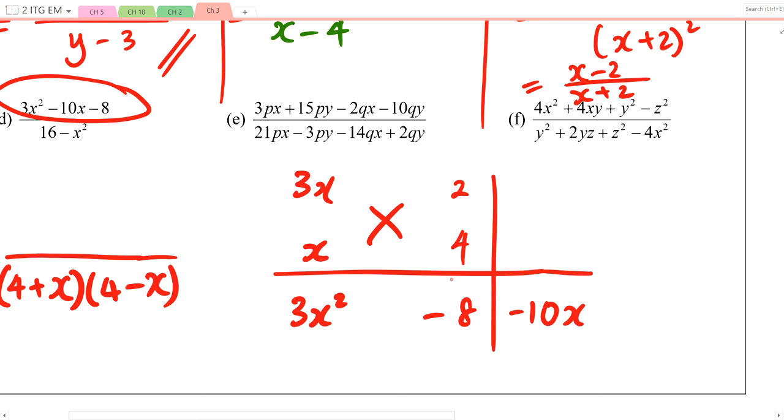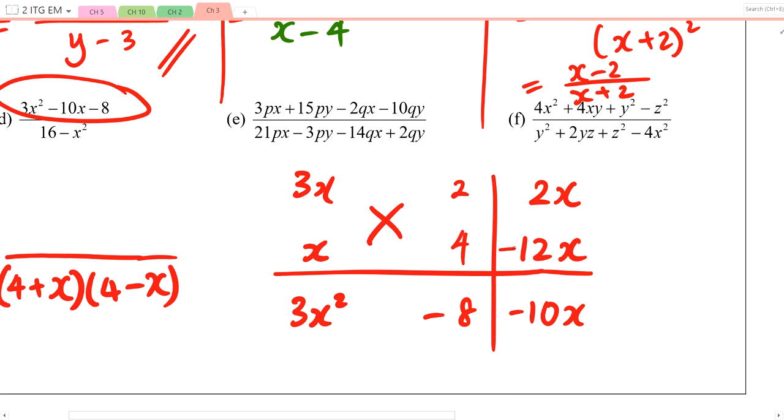So 3x times 4 gives me 12x. X times 2 gives me 2x. Now it looks like it is possible to get negative 10x from 2x and 12x. So what should I do? We'll put a minus at 2 or 12 in order to result in negative 10. 12, okay? Put a minus sign over here.